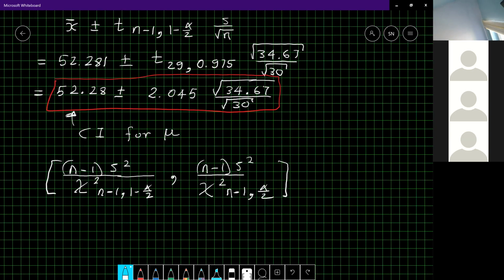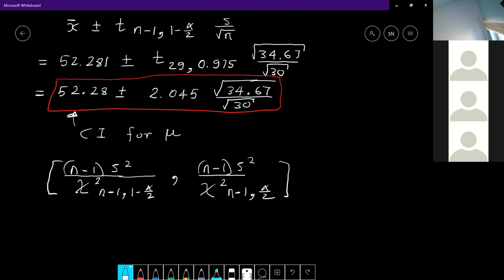All right, so this is the confidence interval for population variance. To work that out, I'm going to sub in the numbers. N minus 1 is 29. S squared, which we just worked out, is 34.67. Correct? Yes, 34.67.